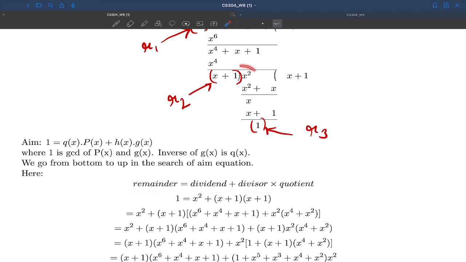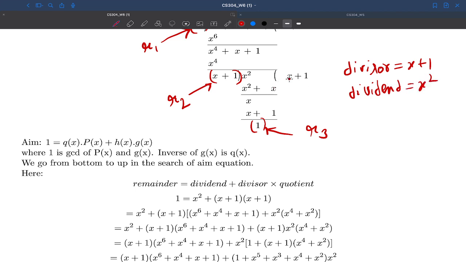So in the last long division that we performed, what is the divisor? The divisor is x plus 1. What is the dividend? The dividend is x square.